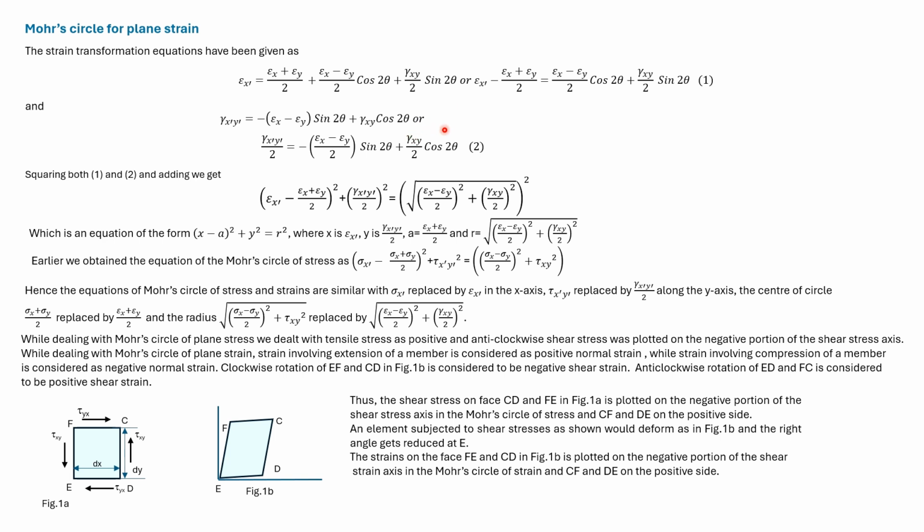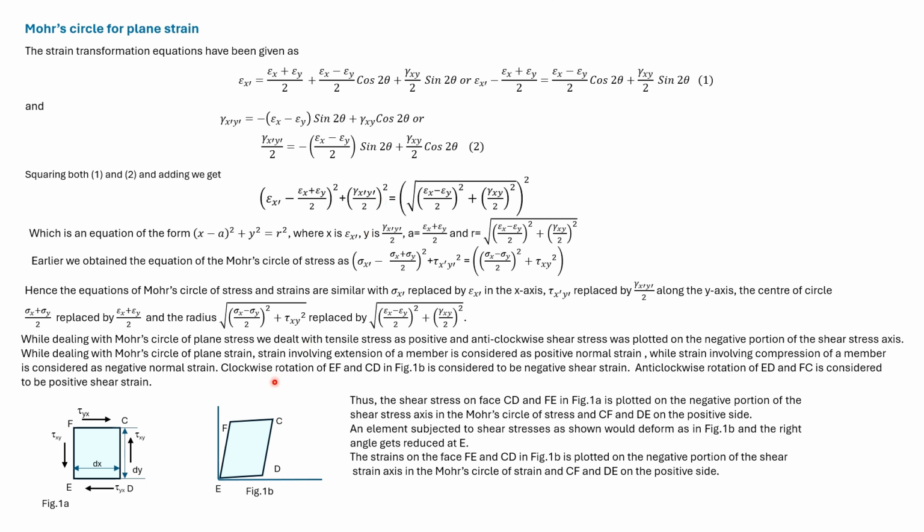Earlier, when discussing the angle formulation, we mentioned that if this right angle gets reduced, as is the case here, then the strain is considered positive. If the right angle increases in size, then the strain is considered negative.